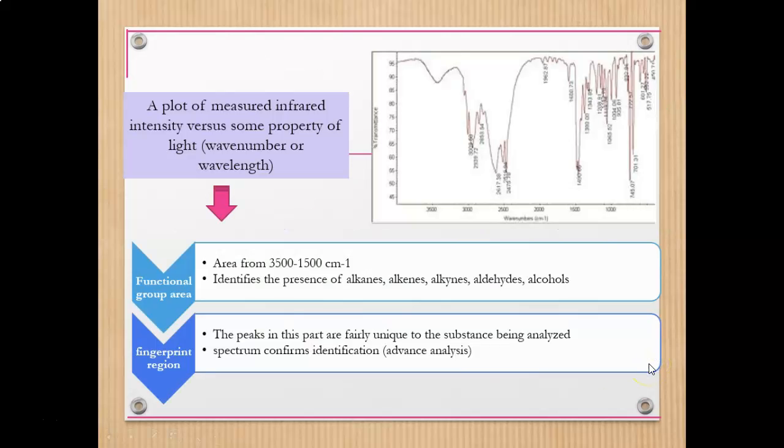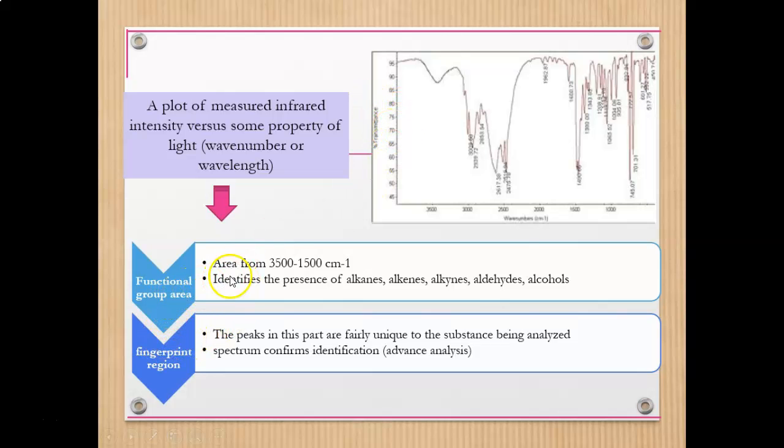Now we look at the IR spectra. It is a plot of measured infrared intensity versus some property of light. So this one is an example of the graph where you can determine the types of bonds present in the peaks, represented by the wave number on the x-axis versus the percent transmittance on the y-axis.